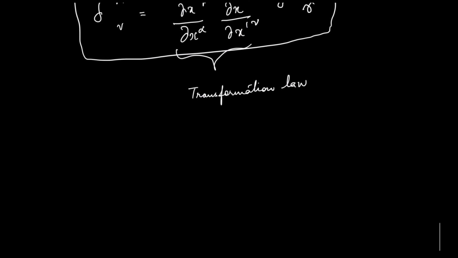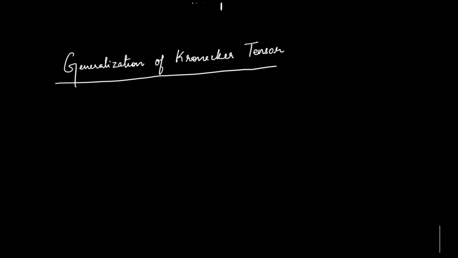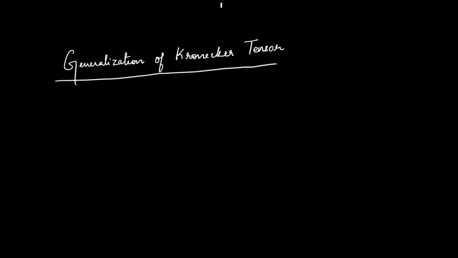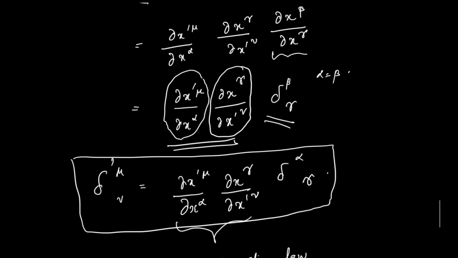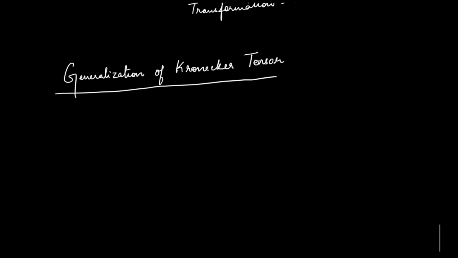The next topic is the generalization of the Kronecker tensor. Here this is a Kronecker tensor of rank 2. Similarly, I can define a Kronecker tensor of rank 4, δ^{αβ}_{μν}.